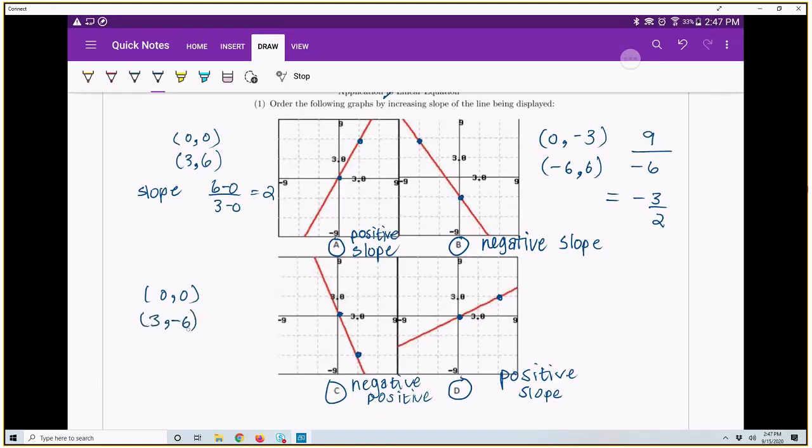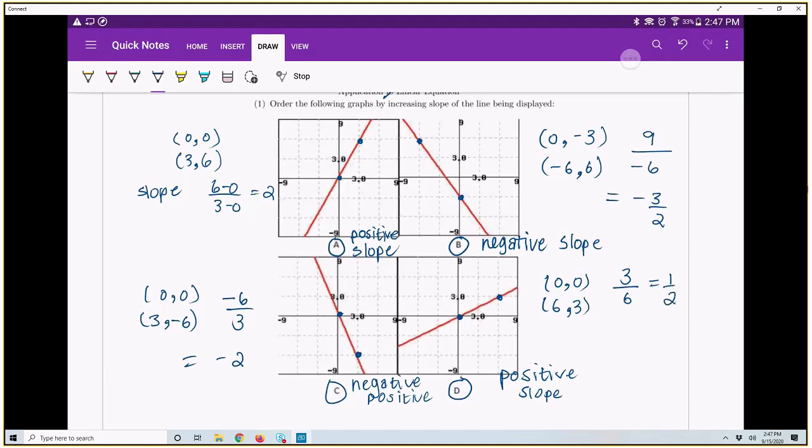So I'll calculate its slope. I get negative 6 over 3. That's negative 2. And for graph D, the points are 0, 0, and 6, 3. So when I calculate its slope, I get 3 minus 0 over 6 minus 0, 1/2.